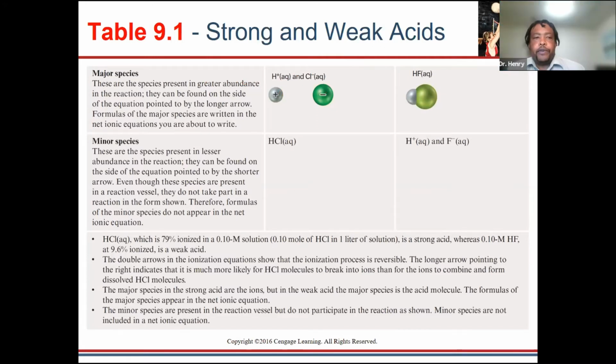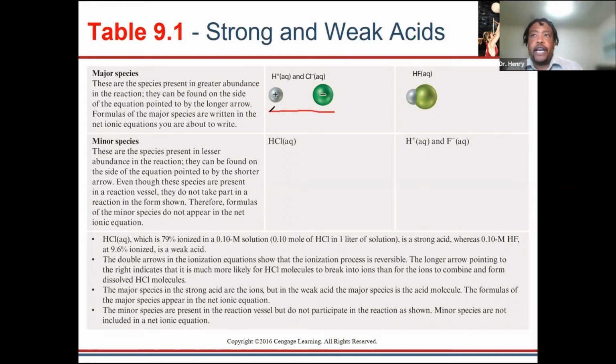Oh yeah, this is chapter 9, by the way. Okay, so we make reference to minor species. Minor species are the ones that are the least, right? So when we have a strong acid, the minor species is the hydrochloric acid that's together. The major species are the ions.